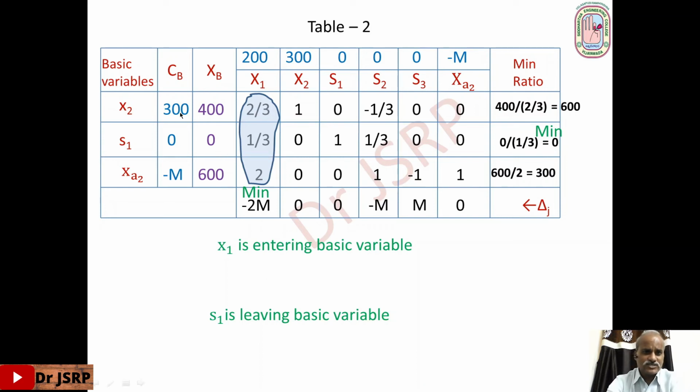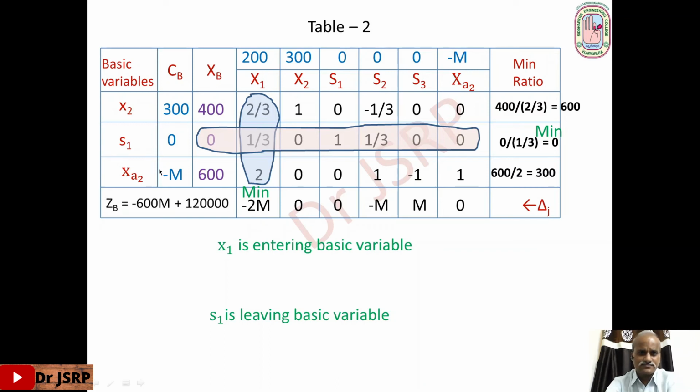Okay, right. So in the next solution, this is the minimum ratio. The corresponding variable S1 is the leaving basic variable, so circle this row. In the next solution, S1 is replaced by X1. The other two variables remain the same.